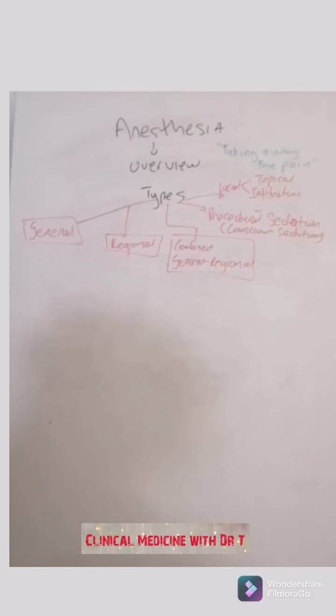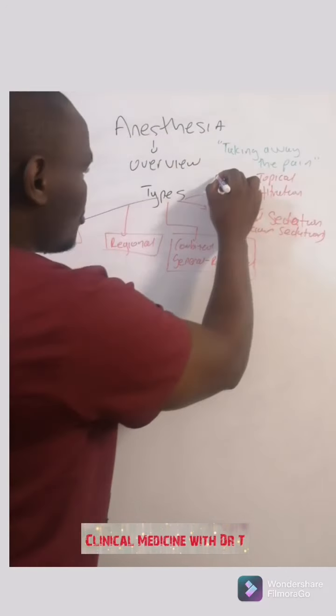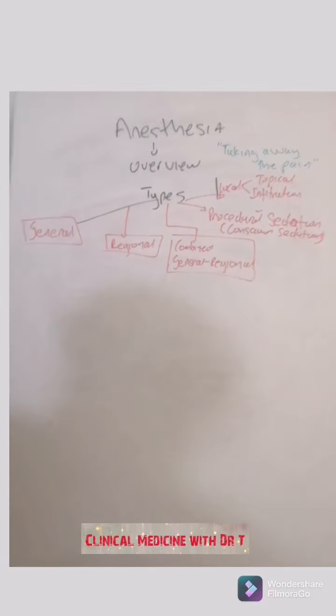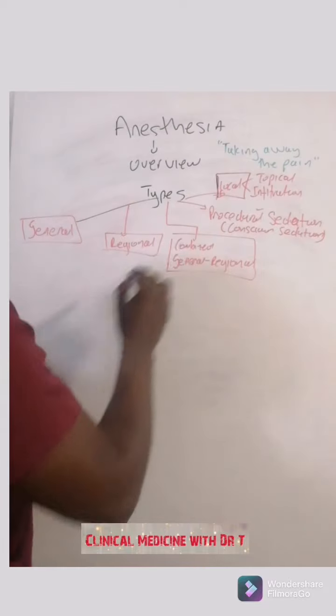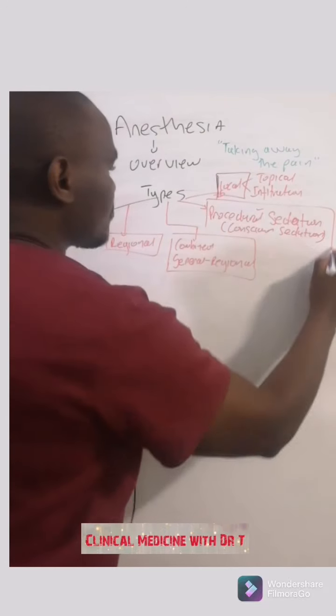Guys, there are things that I'm gonna say here that are gonna help you to understand anesthesia. Not necessarily that they are in the book, but they will help you to understand.